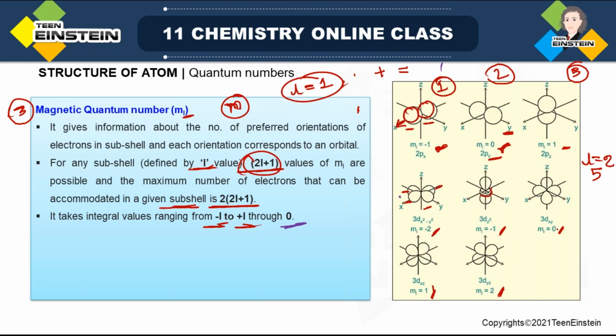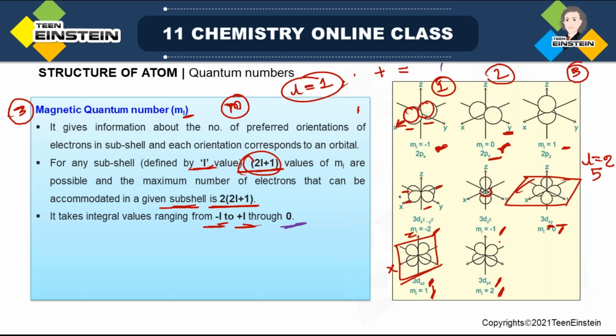Then the next ones are 3dxy, 3dxz, and 3dyz. They lie in a plane, which you can understand from the subscript. When it is xy, it will be in the xy plane. When it is xz, it will be in the xz plane, because this is the x-axis and this is the z-axis.